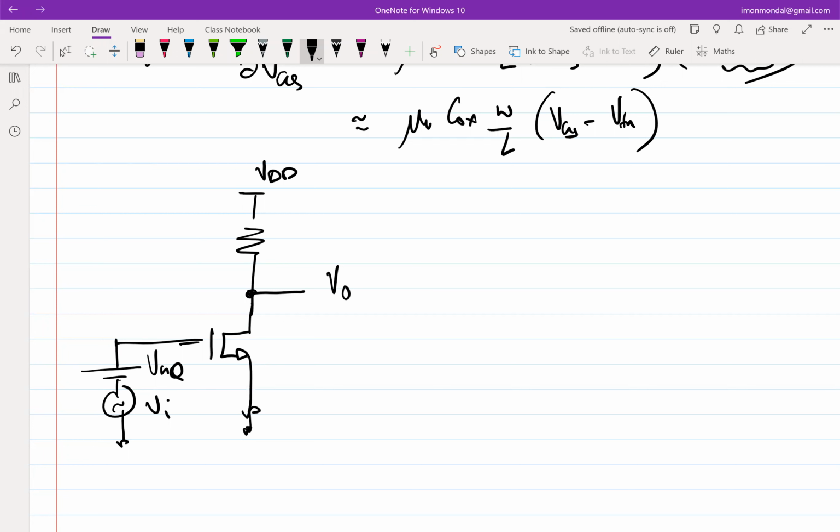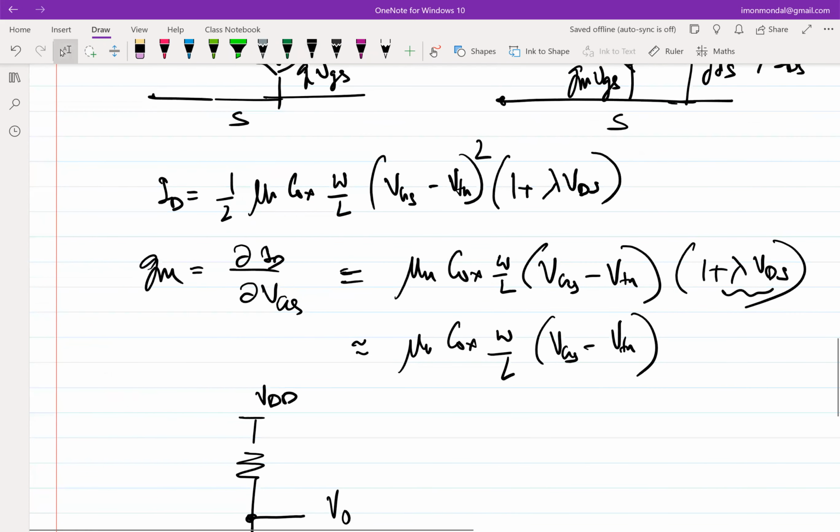So what will be the incremental model of this, taking into account GDS? Yes. So this is lambda VDS is much lesser than 1. That's the only reason we have neglected it in the calculation of GM. But you cannot neglect that in the calculation of GDS because with respect to 0, you cannot neglect it.